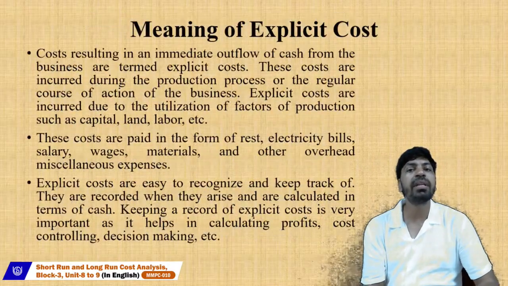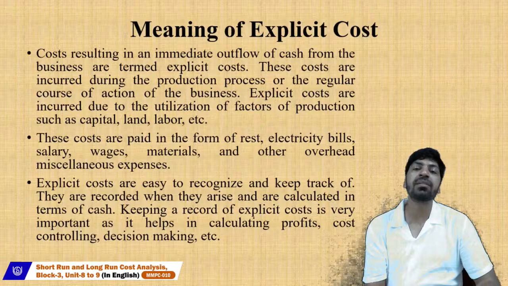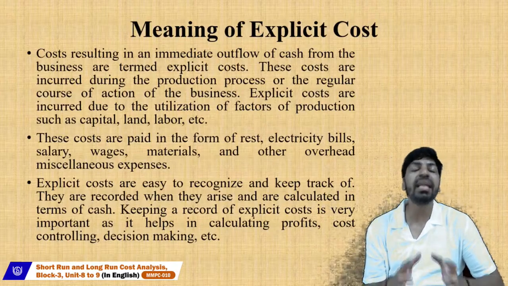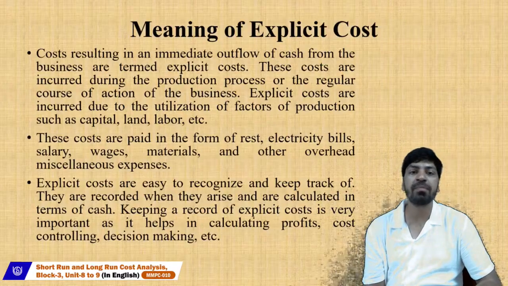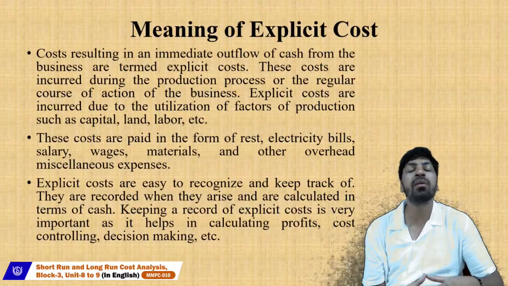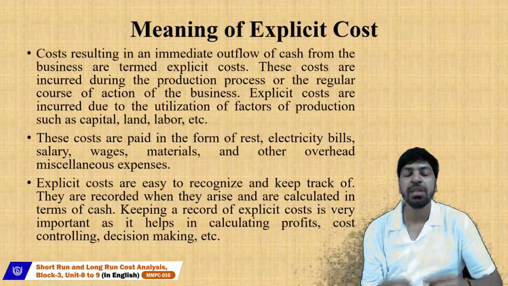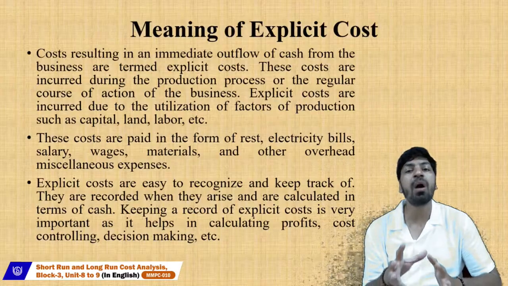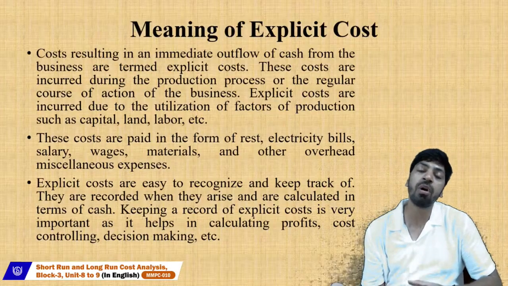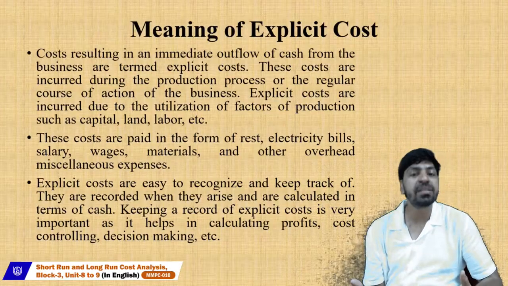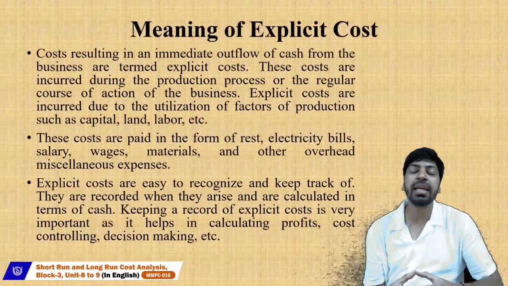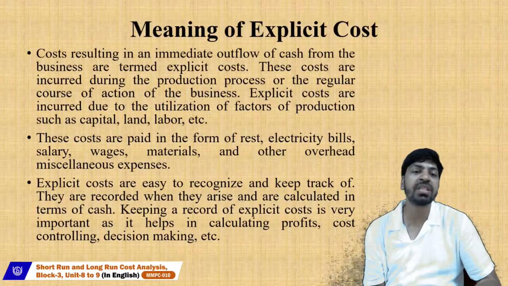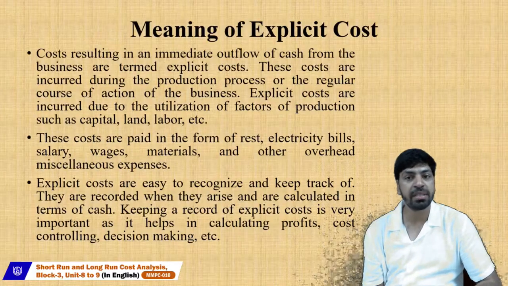Now we come to the next type of cost, which is called the explicit cost. Such cost refers to an immediate outflow of cash from the business. So in simple words, it refers to an immediate outflow of cash. These costs are incurred during the production process or regular activities of the business.